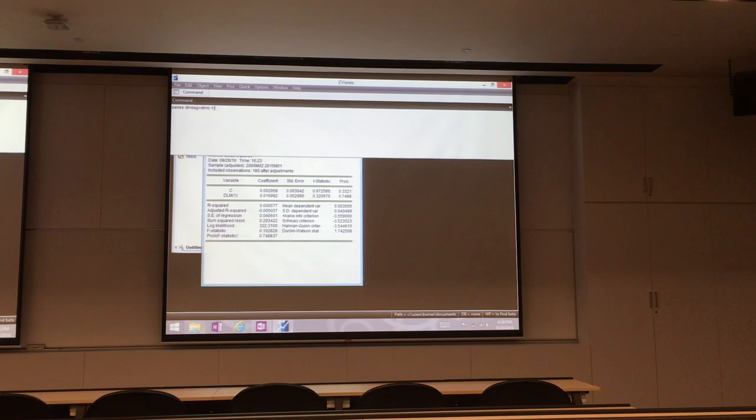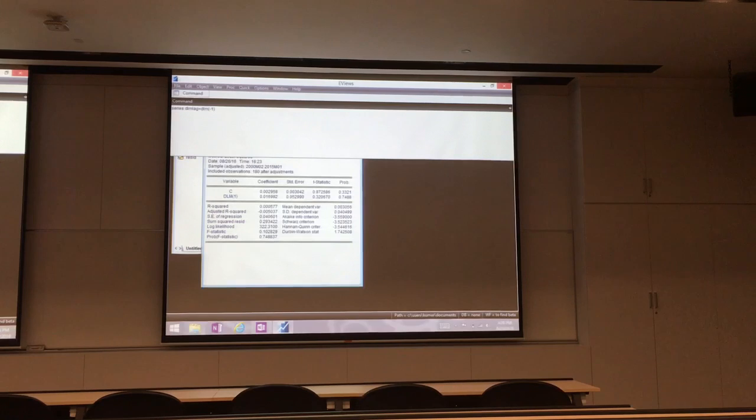I have defined a new variable, DLN lag, and I'm creating a series and then finding the correlation between DLN and DLN lag, the current market return and the lagged market return.